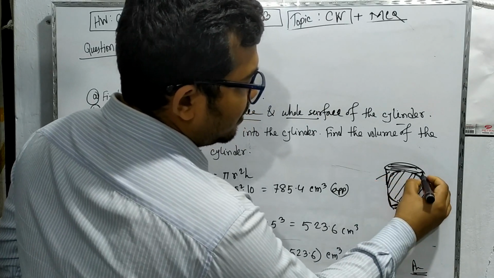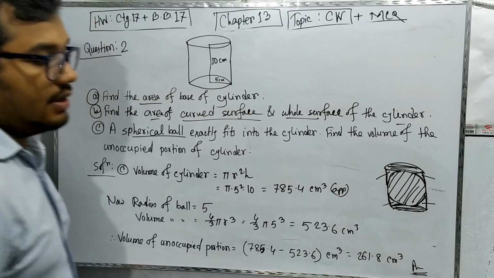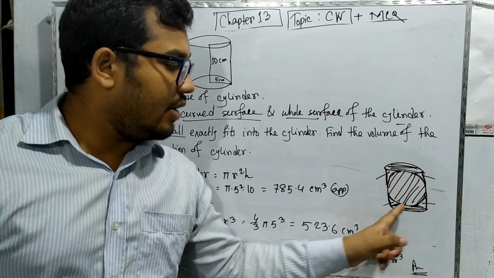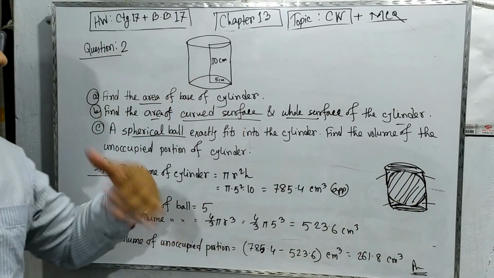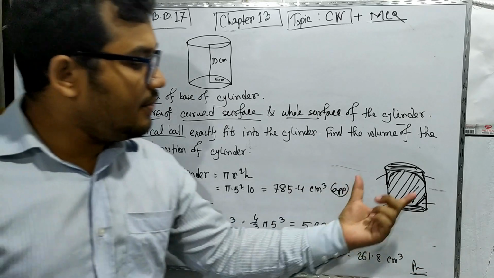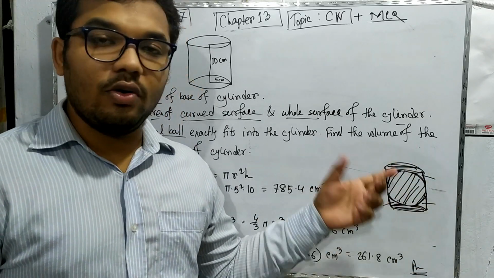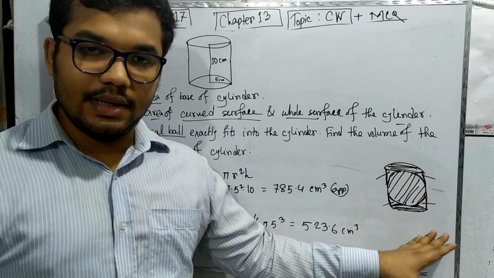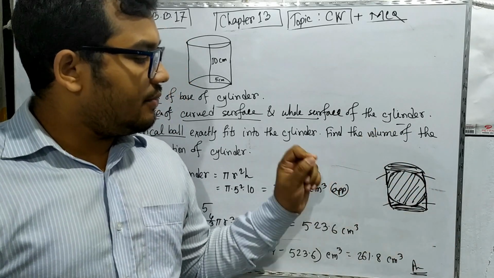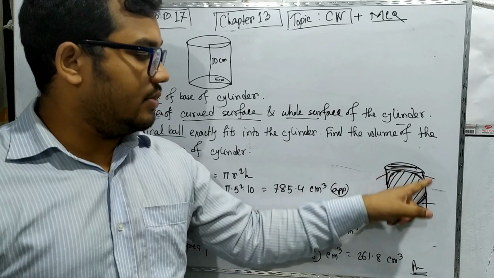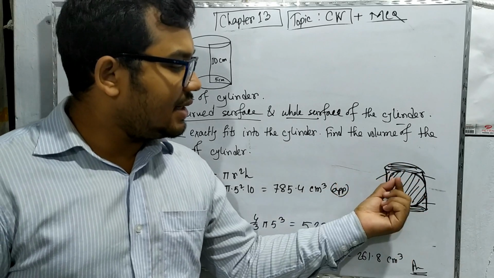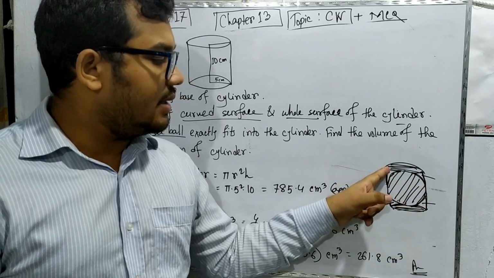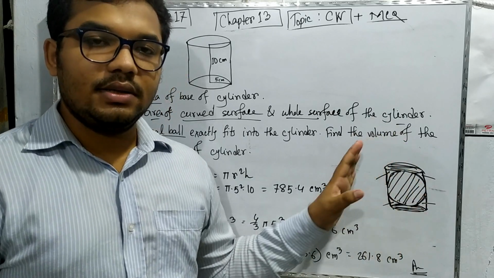So these four parts we have to find. How can we solve this type of math? If we find the volume of the total cylinder, and the total volume of the ball, then just subtract the two volumes, and we get the unoccupied portion.